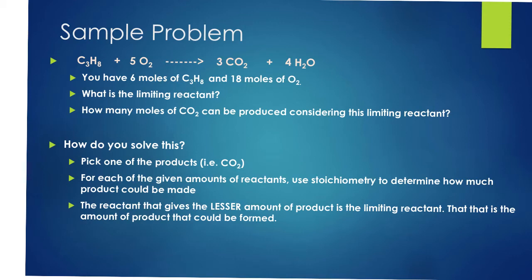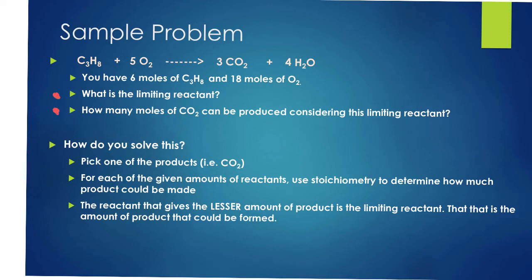But in this case, we're telling you we have 6 moles of pentane and 18 moles of oxygen, and we want to know which one is going to run out first. And so also with that, how many moles of carbon dioxide can we produce considering one of the reactants runs out first? Okay, so we're going to look at these 2 pieces when we solve this.